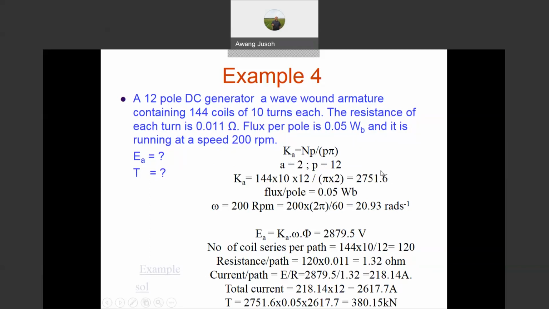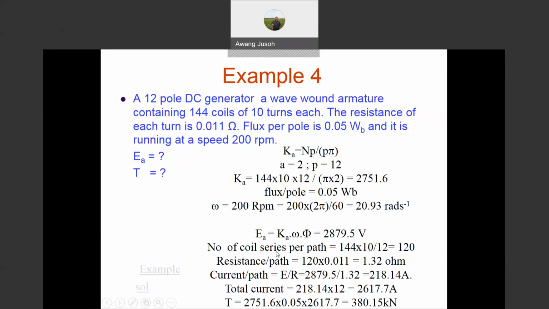You got this number for Ka. And then the flux per pole is given there, 0.05. And the speed 200 rotations per minute, change to radian per second, 20.93, right? And then use the formula to find the voltage E, which is E equal to Ka flux speed. So you can easily find the voltage there.